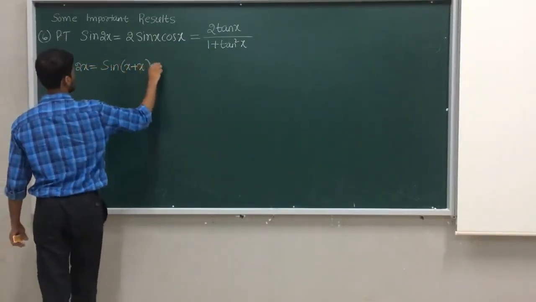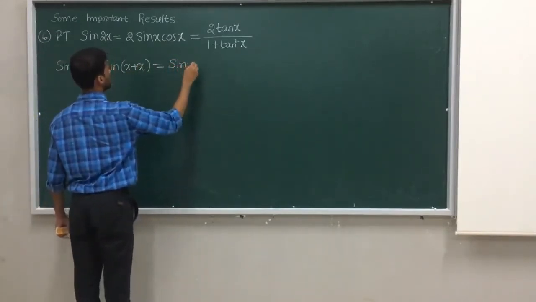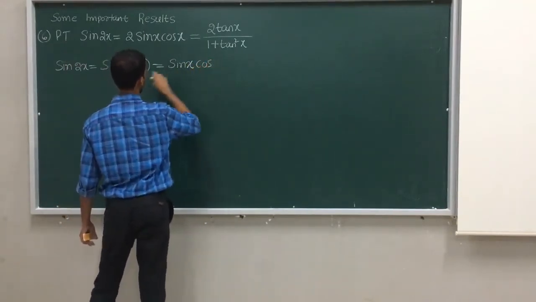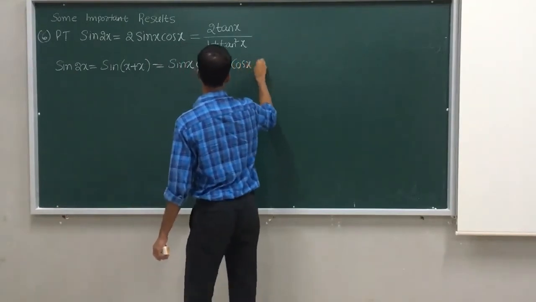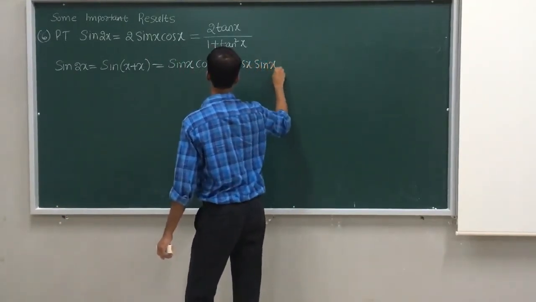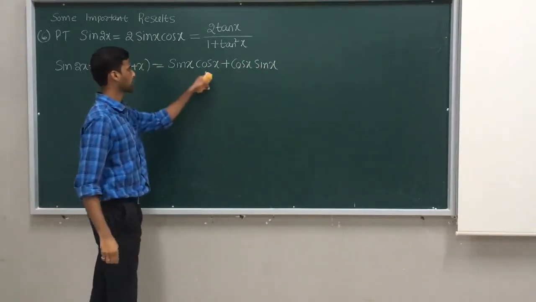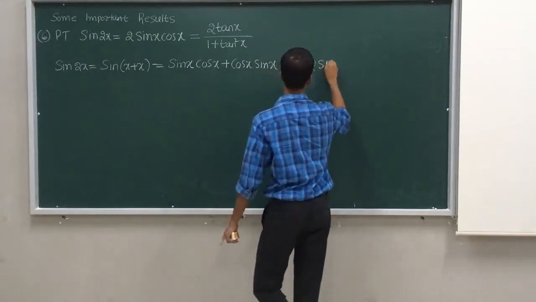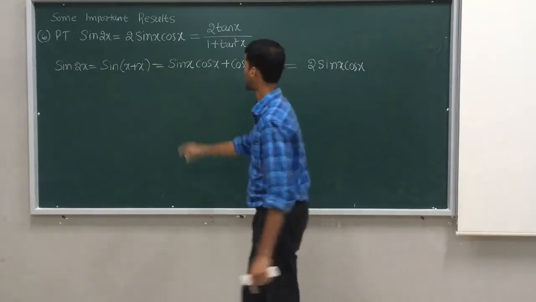We know sin of x plus y is sin x cos y plus cos x sin y, where in place of y we have x. So sin x cos x and cos x sin x are both the same, sin x cos x repeated 2 times. So the answer is 2 times sin x cos x. Hope you understand. So I proved this result.